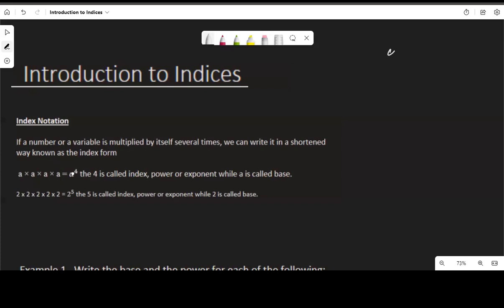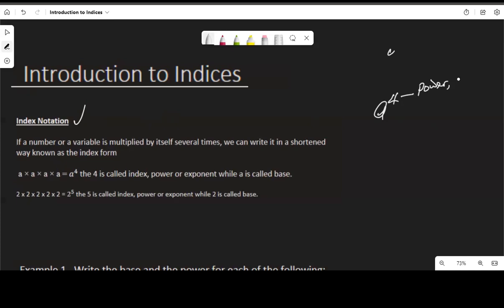So this shortened way of writing the expanded form a times a times a times a, which is a to the power of 4, is known as index notation. So in a to the power of 4, the 4 is called the power. That is why we call it a to the power of.